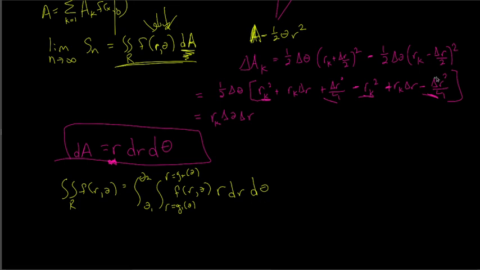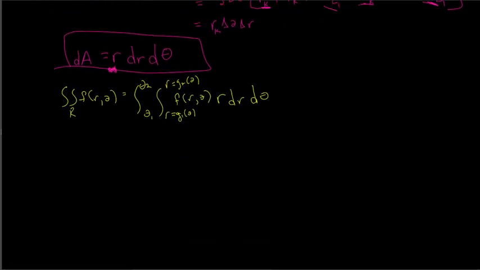Let's look at an example of these and how we can work this back out. So let's find a limit of integration in polar coordinates and look at it. So let's integrate the cardioid.